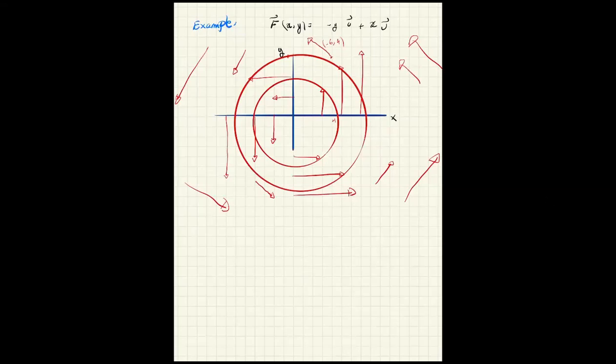The reason why this is true is that F of x, y is tangent to the circle x squared plus y squared equal to the radius squared.